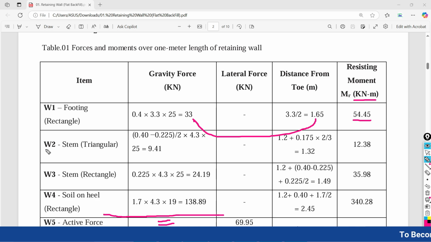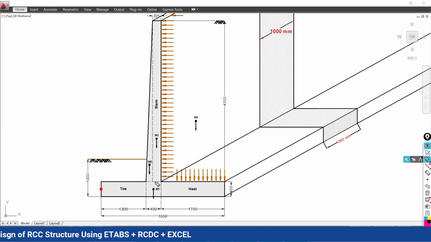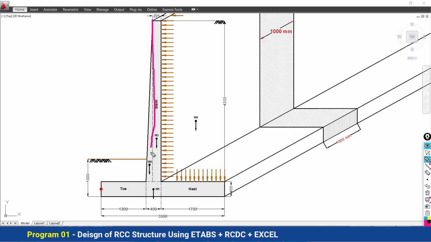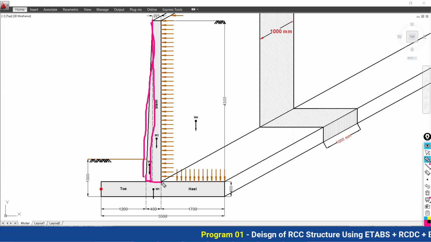Thereafter we are going to calculate the second thing, that is the stem. When you look at your stem here, we are going to create two sections. One section is the triangle, this part, and the rest is the rectangle. So we have to do the calculation separately for the triangle, and thereafter separately for the rectangle.